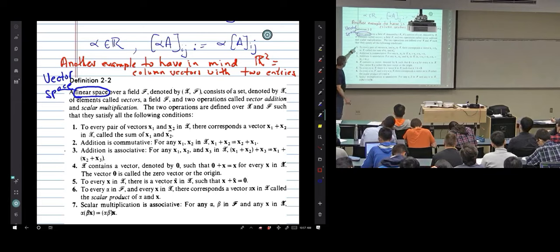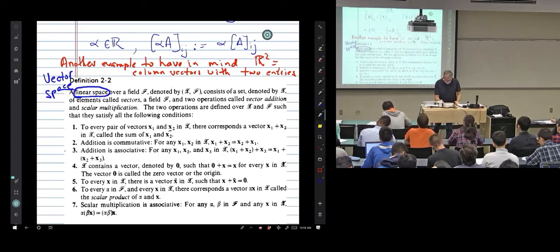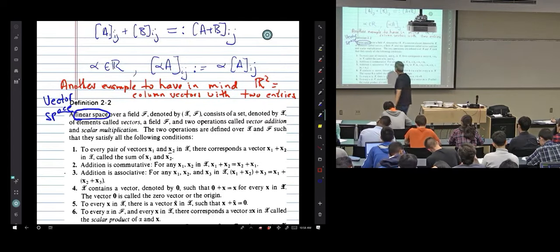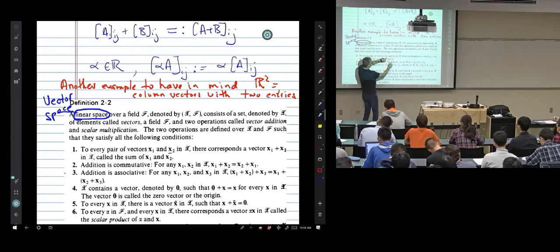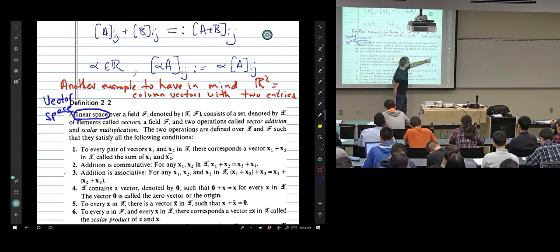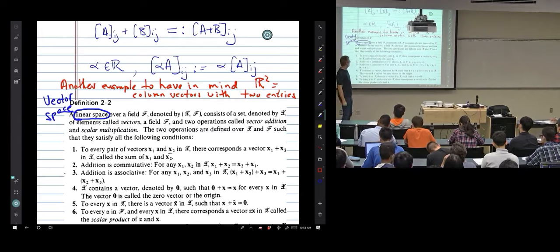Now, let's start looking at the axioms. We're just looking at the vectors. We need to have a way of adding them. That's called the vector sum.